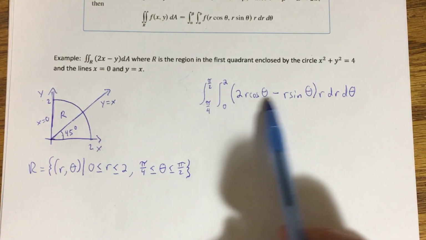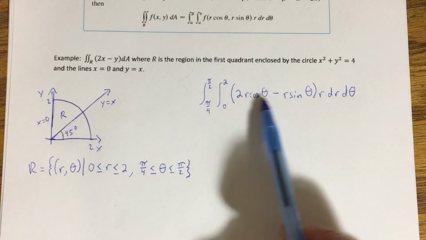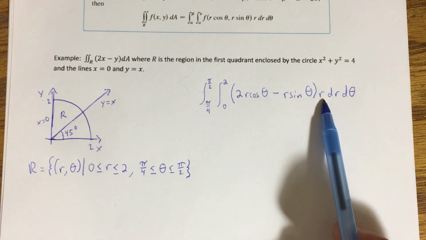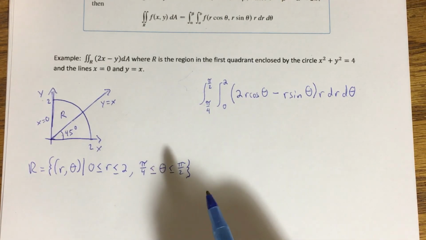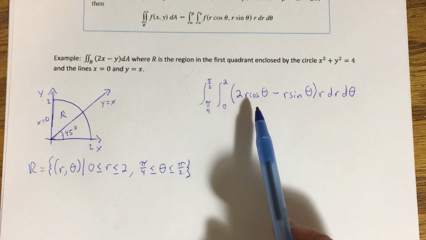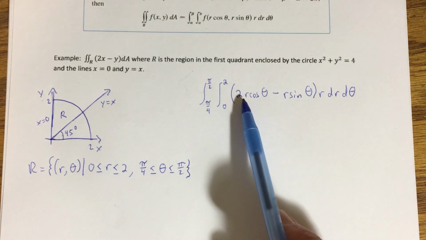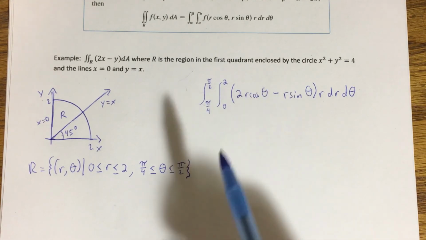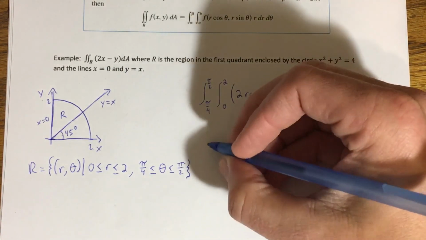Now, to evaluate this integral, notice that if I were to factor the r out of here, I'd end up with an r squared, and what remains in parentheses is only a function of theta. So we can use that property that we talked about, where if the function that we're integrating can be written as a product of two functions, one for each of the variables, then you can separate this into two single variable integrals that you multiply.